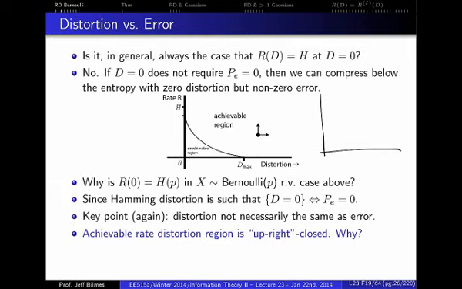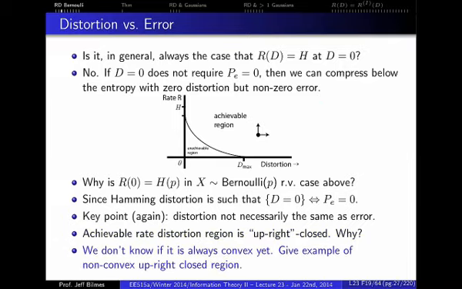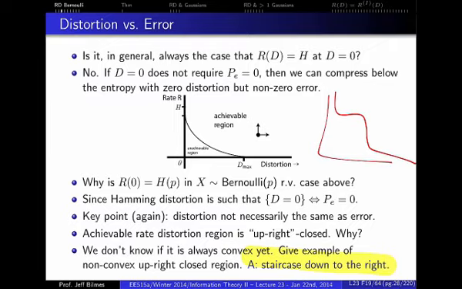There's my axes, and what if I do something like this? It's upright closed. Staircase. So is it convex? No, not anywhere close to convex. It wouldn't even be quasi-convex. So a staircase down to the right would be one example. It doesn't have to be a staircase. It could look like this, I guess that's kind of a staircase too.